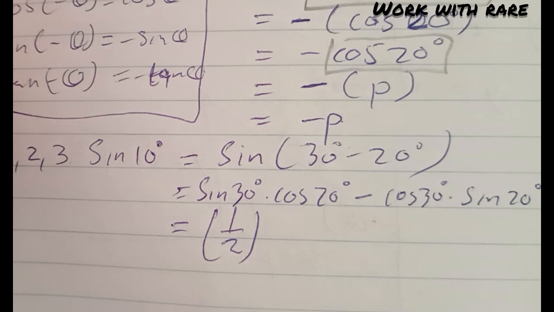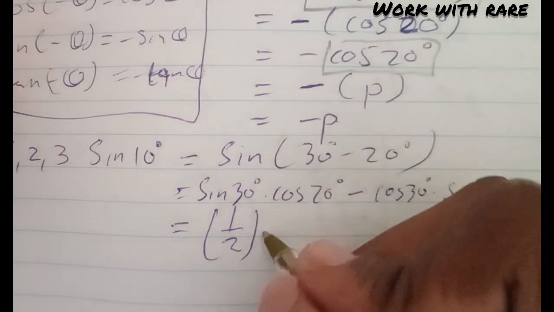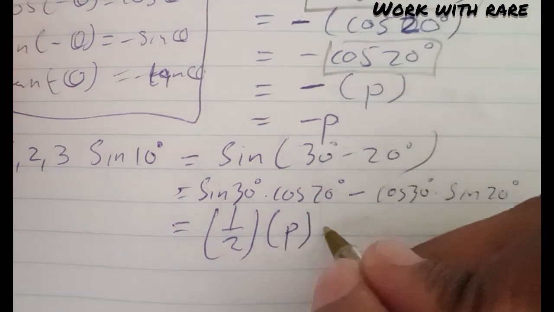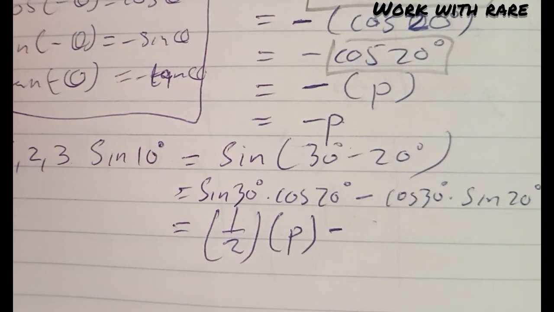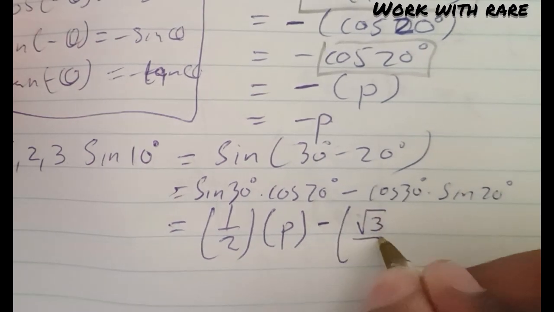But cos 30, remember, cos 20. We are given cos 20 as P, so I'll have to substitute P. Remember, I'm solving this in terms of P. So here I have minus cos 30. 30 is a special angle, so press on your calculator cos 30, which I prefer to put in brackets, even this one.